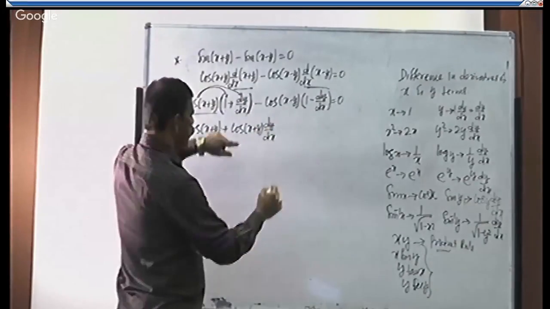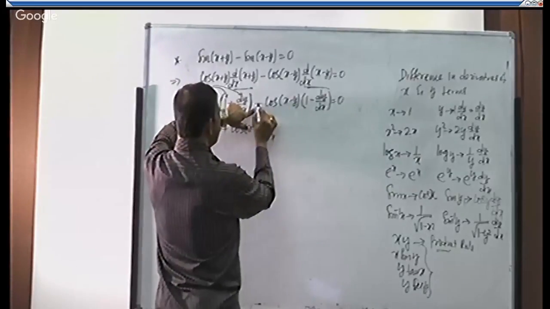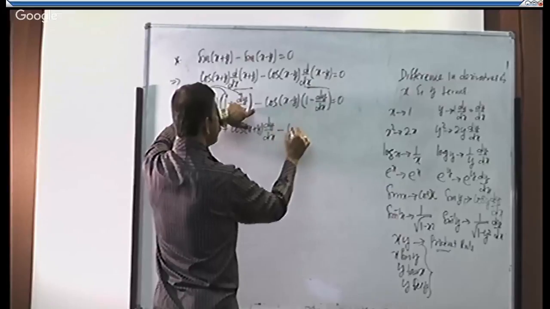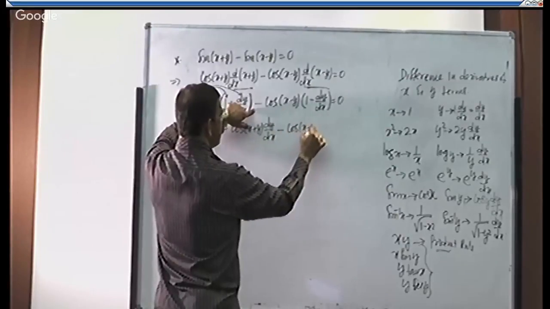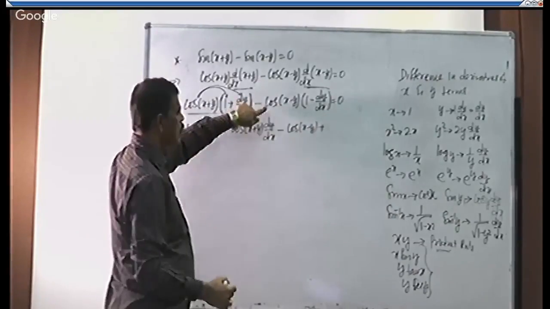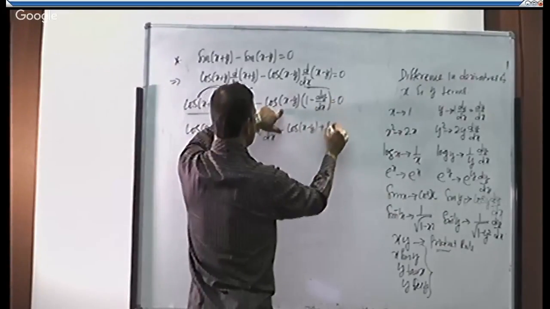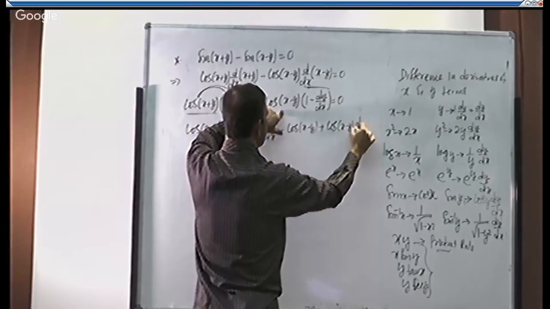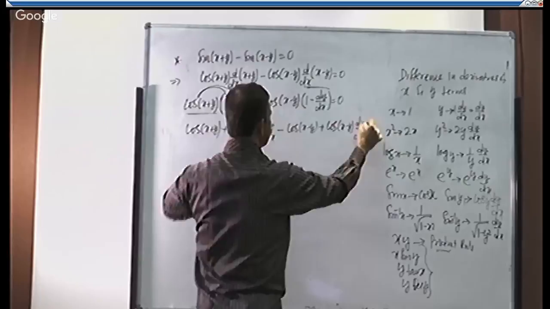Follow the same procedure here also. Minus into plus, minus 1 into cos of x minus y. Minus into minus, plus cos of x minus y into dy by dx is equal to 0.